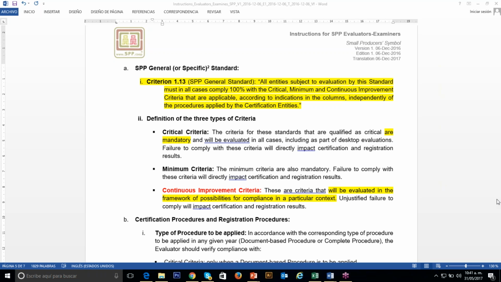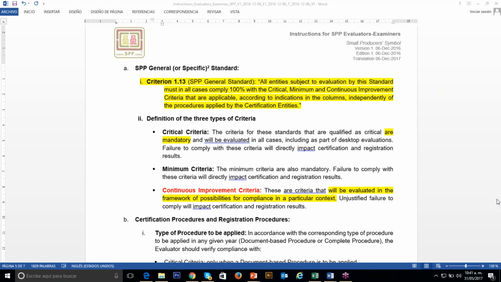Then the final buyers involved in the SPP certification system, they know the value chain of coffee production, but just the final buyers that are in our system.